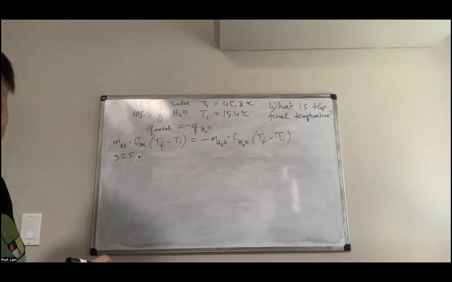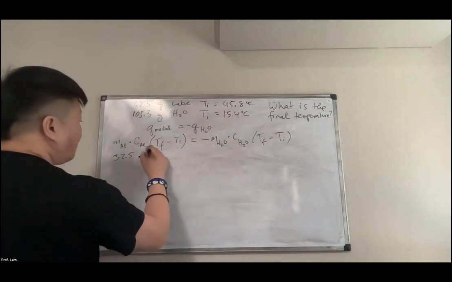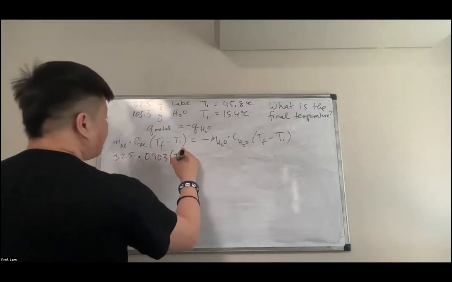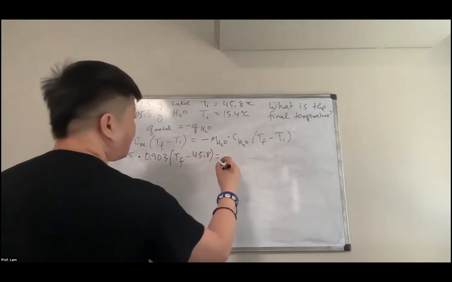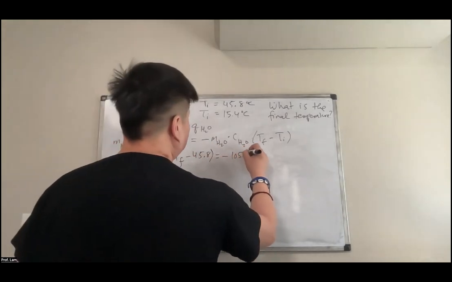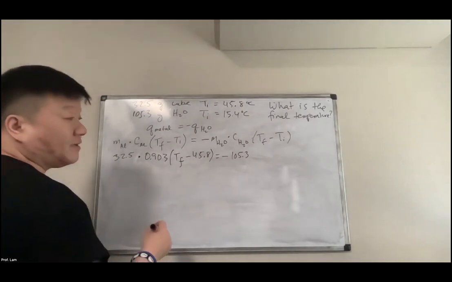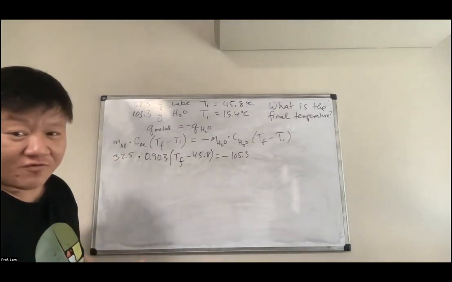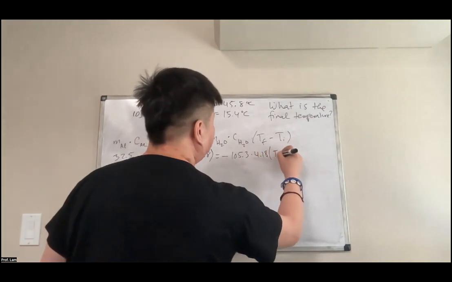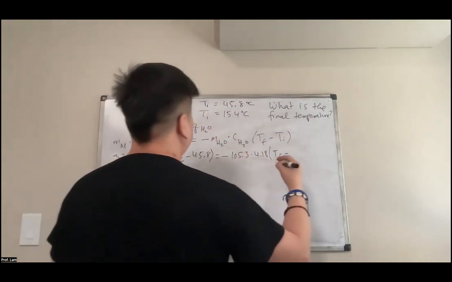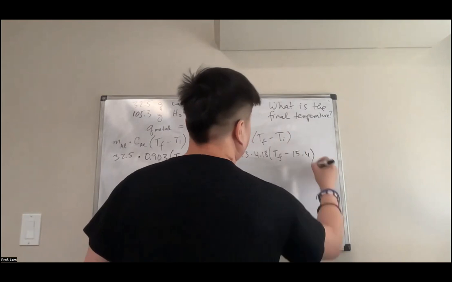So specific heat of the aluminum, 0.903 times T final minus 45.8 is equal to minus 105.3 for the mass of the water. Specific heat of water is 4.18 times T final minus initial temperature of water, which is 15.4.